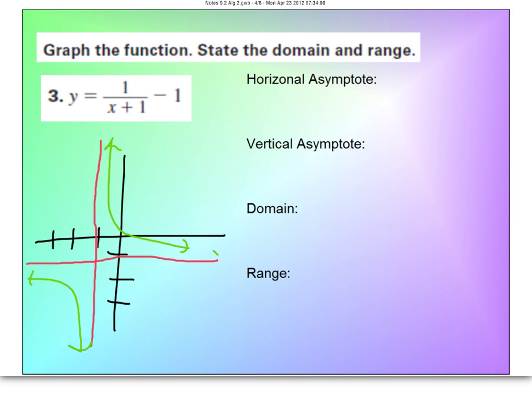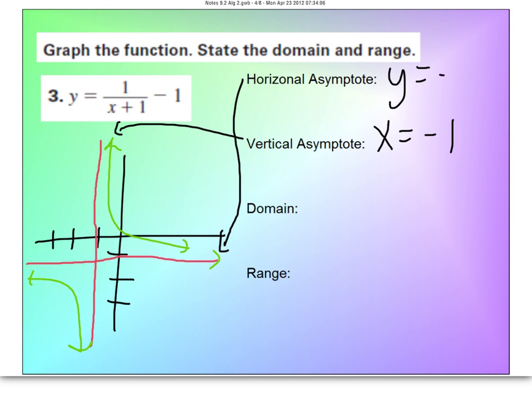The red lines are the actual asymptotes, so be cautious on this. Again, the vertical asymptote is right there, and it's crossing at the x-axis. So the vertical is at x equals -1. The horizontal asymptote is this line right here, and you can see that this graph is approaching the horizontal asymptote, which crosses the y-axis at -1.